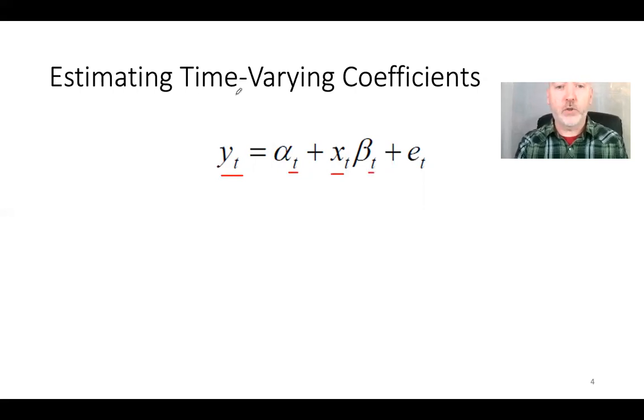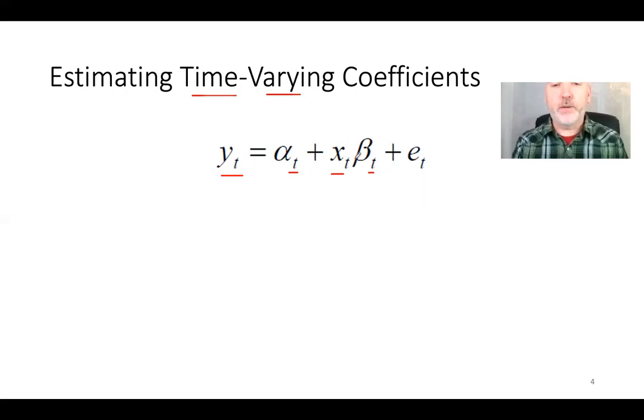So we are concerned here about time variation in those coefficients. This is something you could address with a unit root test, right? Make sure your variables are stationary. That can help avoid time varying coefficients. We can also address this with a structural break test. That'll be another tutorial that we'll look into.